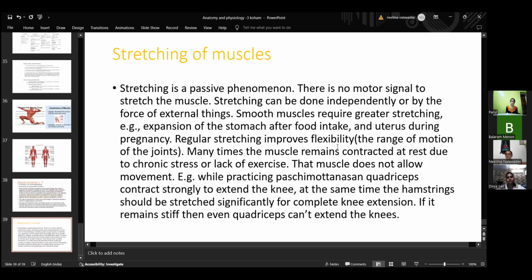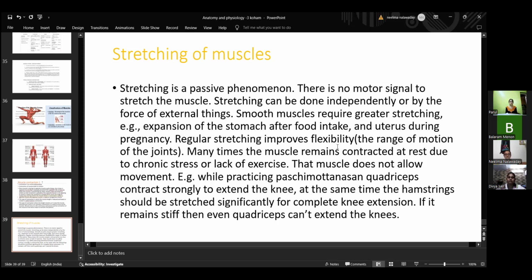At the same time, the hamstring should be stretched significantly to complete that knee extension. But most of the time, what happens? Hamstring stiffness, most people experience that because of lack of exercise or other conditions.